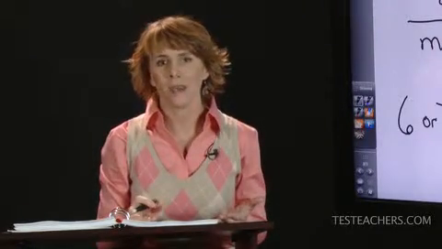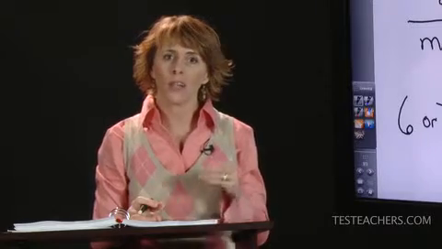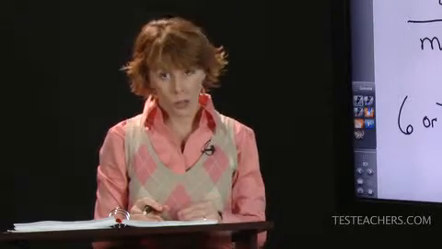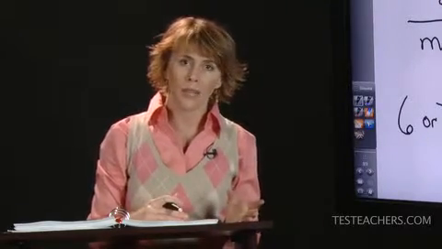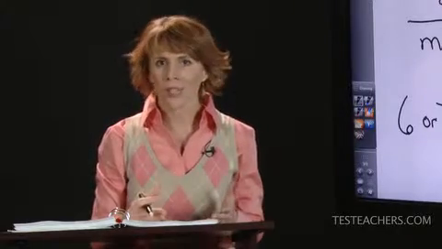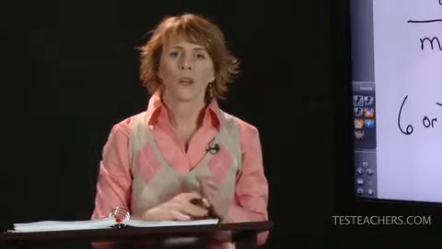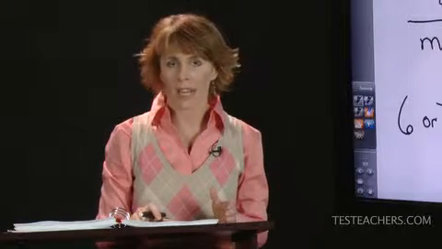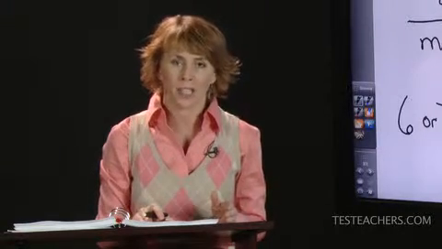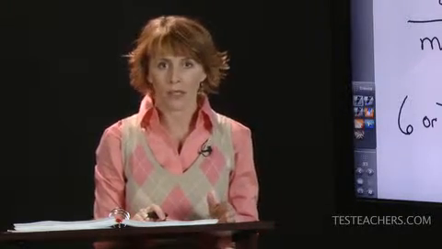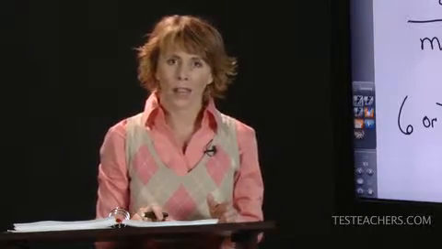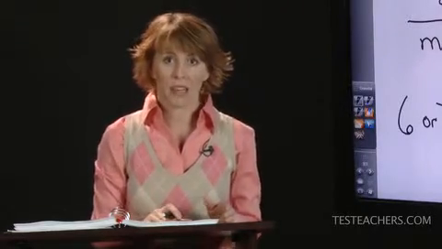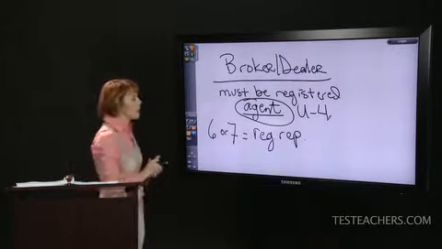But the test doesn't care about that. They still care that you know about when you do need to be an agent, when you don't need to be an agent. Things about agents are going to appear on your test. So regardless of whether or not you are an agent or are ever going to be an agent, they're still going to ask you about it. So if you're never going to get a product license, then you're not an agent. But we're going to pretend that you are for now.